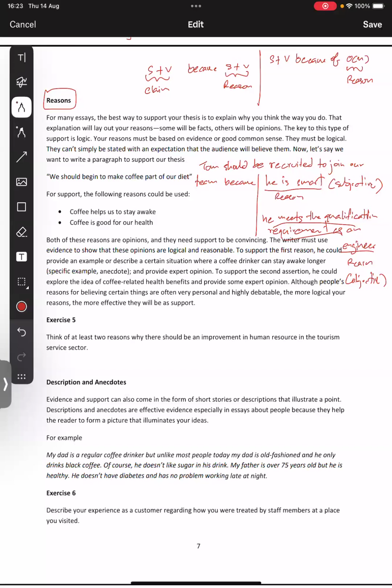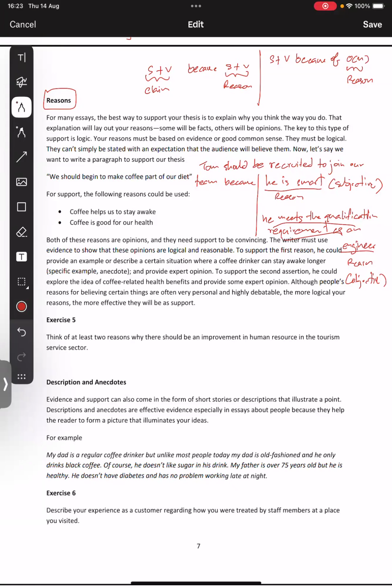Because how do we know? How do we determine how smart he is? How do we know if he's very smart? But the second one is easy. Still, it depends on your logic, on how you build upon your reason. You need to add more sentences to elaborate upon your reasons.